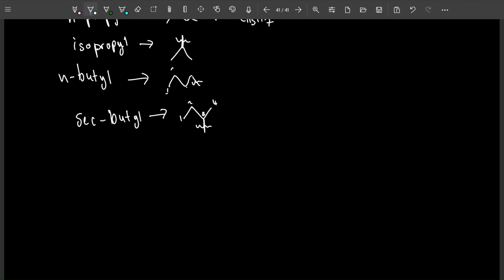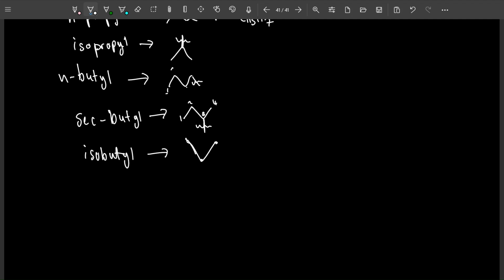Then the next is going to be the isobutyl. Isobutyl, what do we do? It looks like a T, right? It is something like this. Now, remember, I'm trying to make the isobutyl.